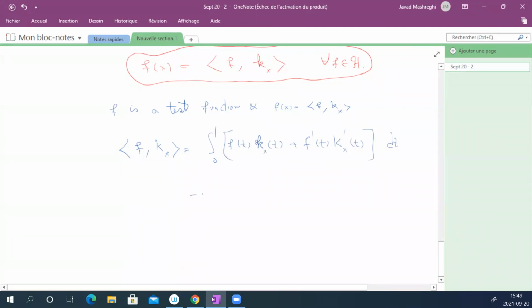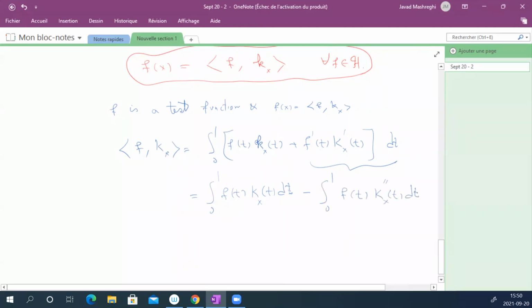I keep the first integral, the integral from 0 to 1 of f(t) kx(t) dt. No action is needed for this one. For the other one, I do precisely as in the previous two or three examples, and it gives me minus the integral from 0 to 1 of f(t) kx double prime(t) dt.